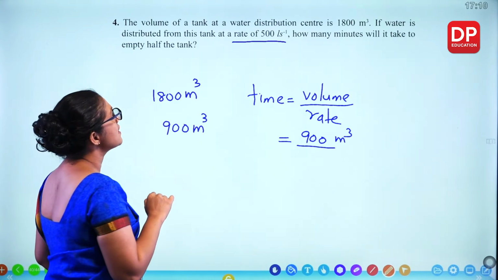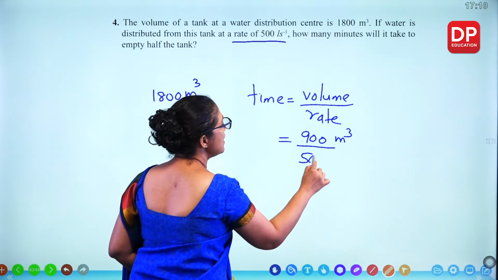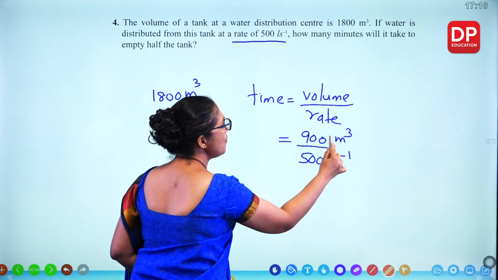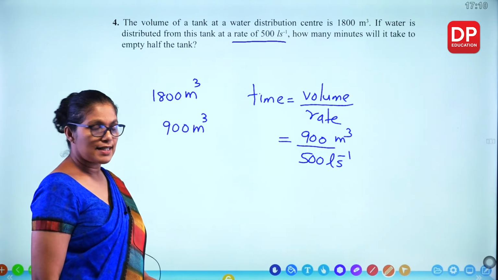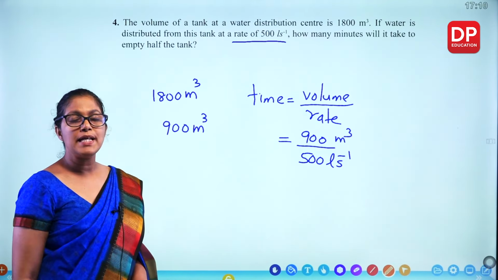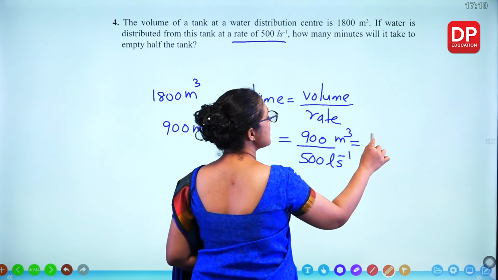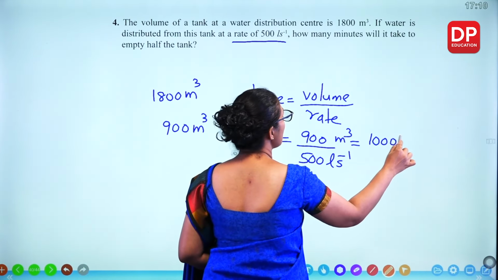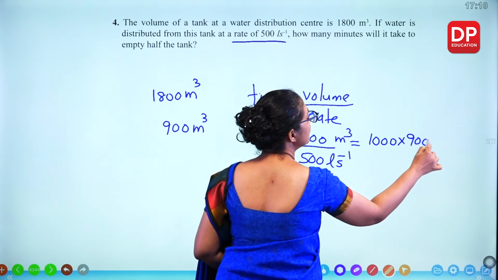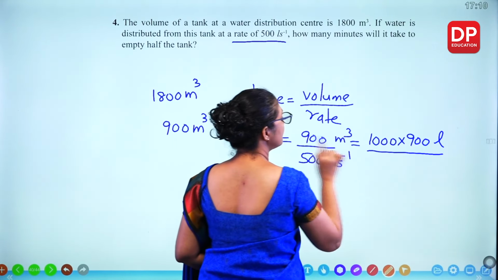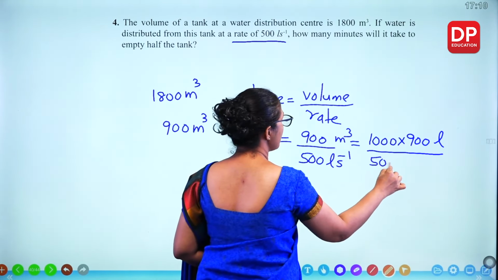And the rate is 500 liters per second. Now, you need to convert to liters. We know 1 cubic meter is 1000 liters. Convert to liters. This is 1000 into 900. And this is 500.